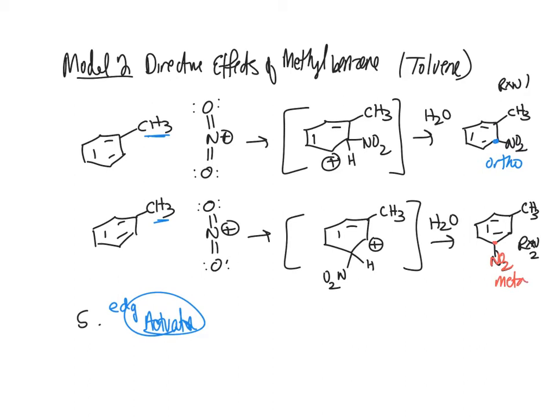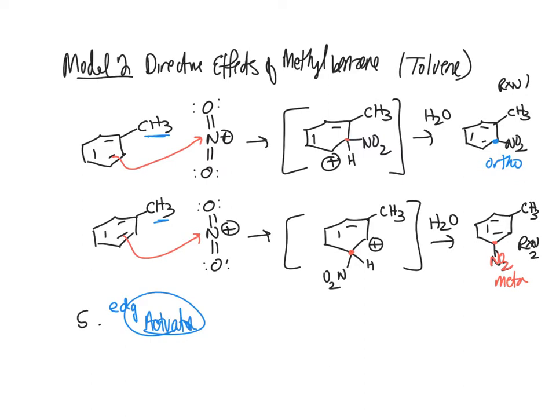Draw curved arrows in both reaction 1 and 2 to show electron movement. So here we have these electrons that went here, and there's your nitro. And then here we do the same thing, except this time the nitro added to this carbon.